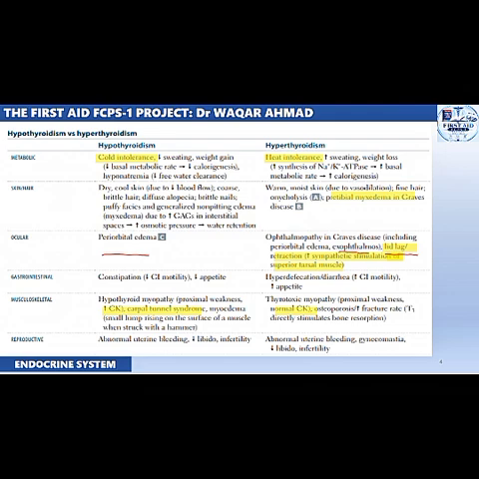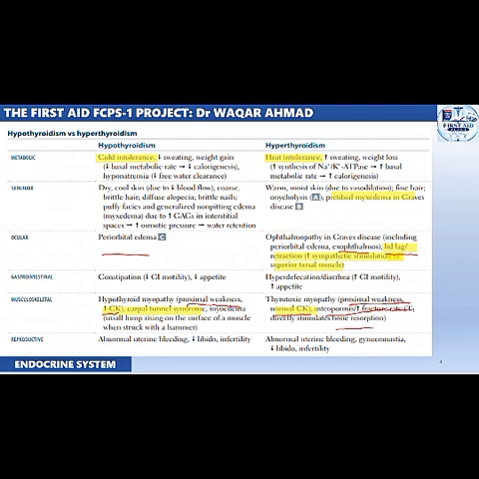lag sign. Now important to note is both hypo and hyperthyroidism present with proximal muscle weakness, but CK will be elevated in hypothyroidism while it will be normal in hyperthyroidism. Also, osteoporosis or fracture risk increases in hyperthyroidism because T3 directly stimulates bone resorption.